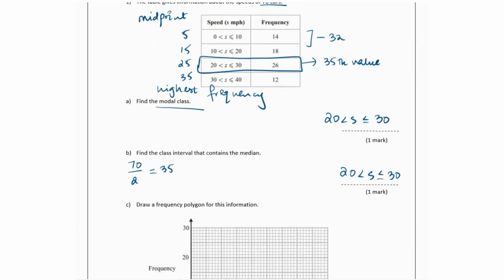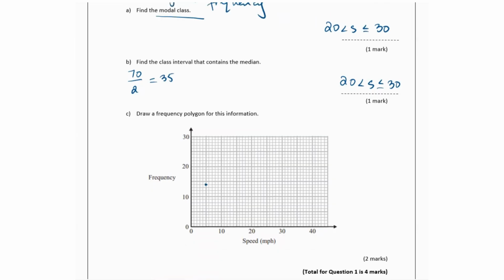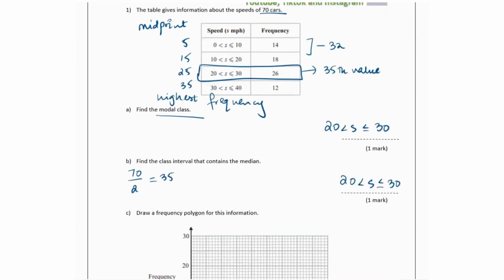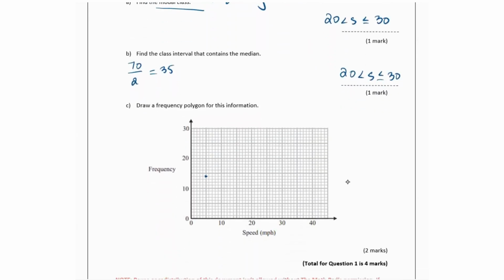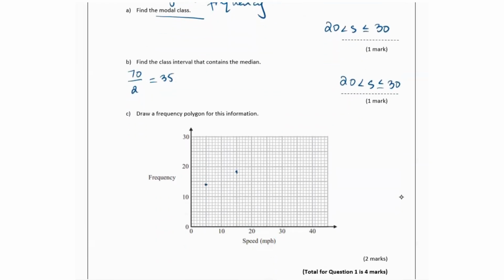So 5 and 14, let's plot that first. That's over here. Then for 15, we have 18. And for 25, it's 26.